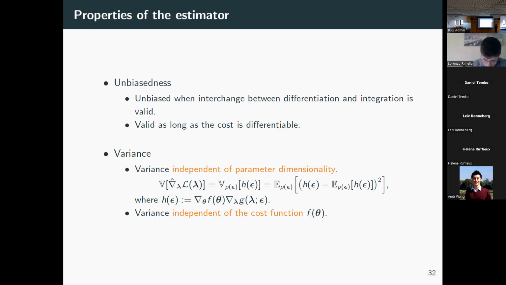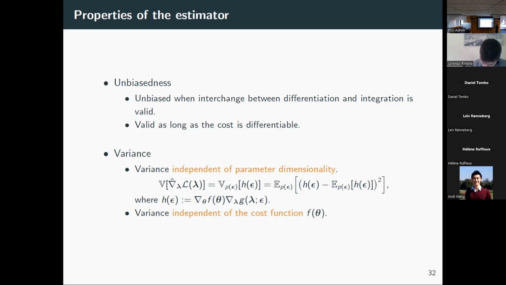So you're suppressing all other randomness. And so you become independent of the cost function, because everything that's not affecting your actual gradient goes out, and so you have much more stable variance.